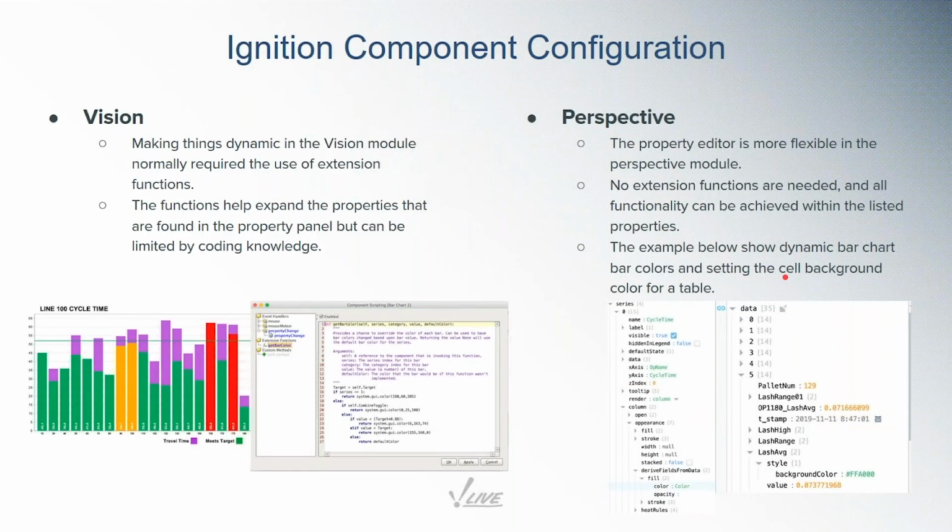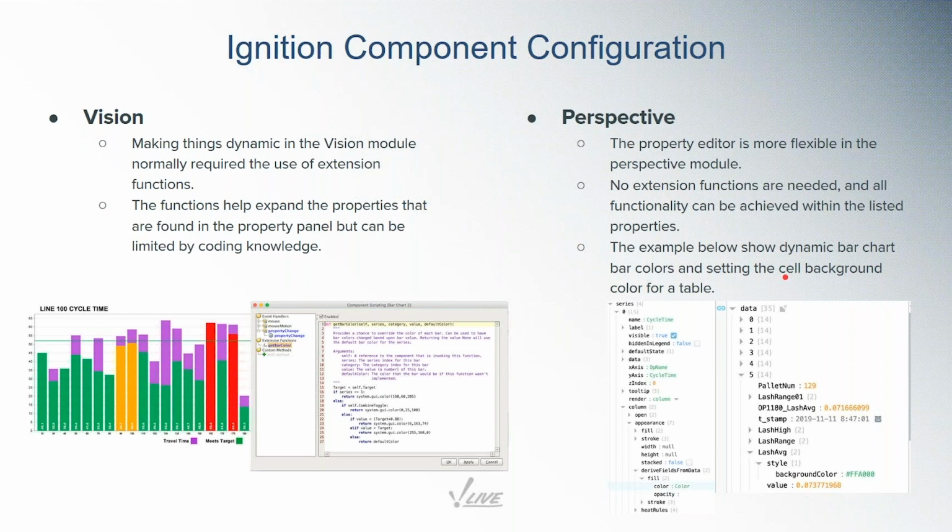Another thing with changing from Vision to Perspective is we used a lot of extension functions on stuff like the bar chart you can see down there to dynamically change colors of bars, add a target line, even control the look and feel of the numeric labels. And in Perspective, what we found through a lot of trial and error and reading the forums is that all this functionality can actually be achieved through the properties that are already listed in the property panel for these components.